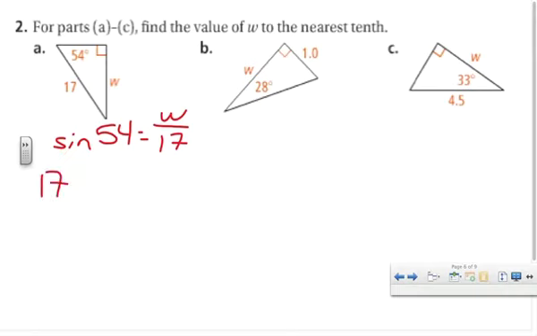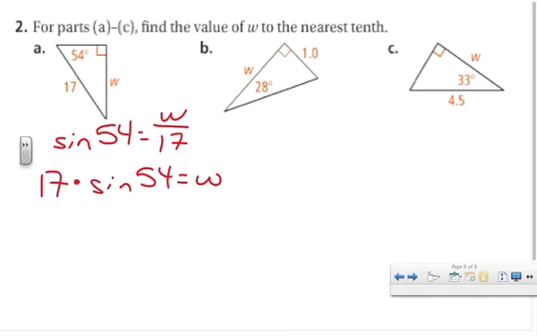What you're going to do is take 17 times the sine of 54 in order to get W by itself. And again, those of you that see the word sine on your screen, you get to type this in exactly the way that it looks. Those of you that don't see the word on your screen, you're typing in 17 times the angle sine.